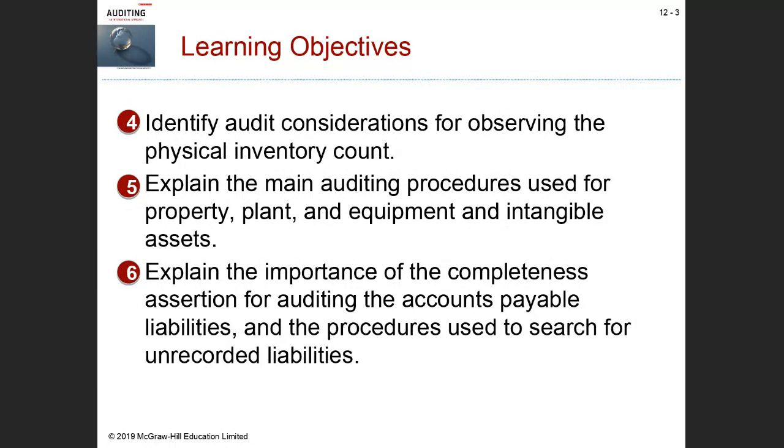The fourth objective says identify audit considerations for observing physical inventory count. So one of the things we're going to talk about in this chapter, which always goes on during an audit, and that as management members I'm sure you'll be involved in, if you do have an inventory that's manufactured or for resale, there must be an inventory count at least once per year. In many businesses, this occurs right at the year end of the company.